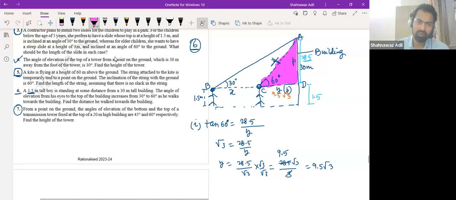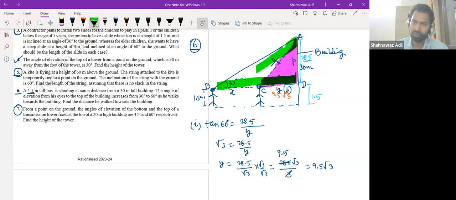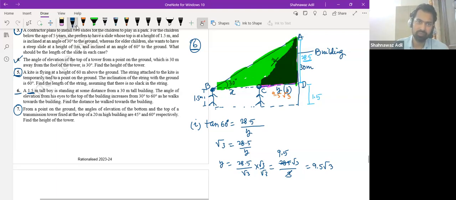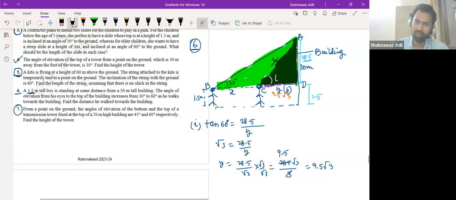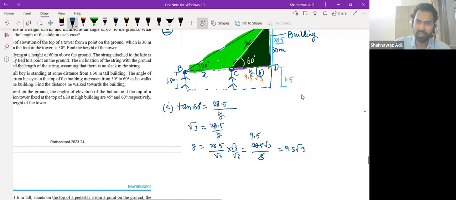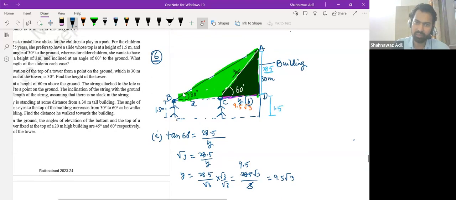So we have to use this bigger triangle ABD.